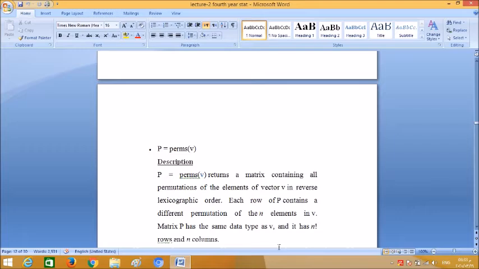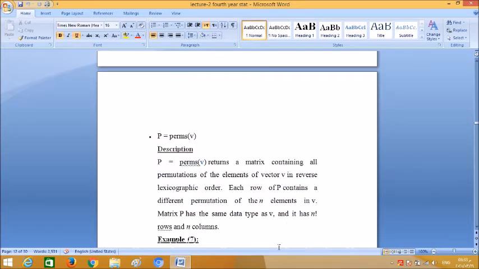The number of rows equal n factorial, and the number of columns equal n. So perms will give you n columns and n factorial rows.